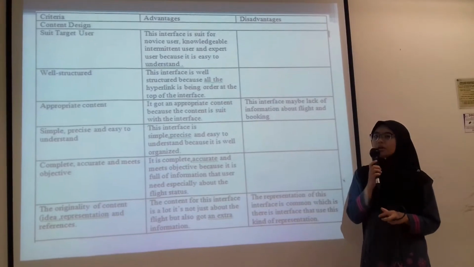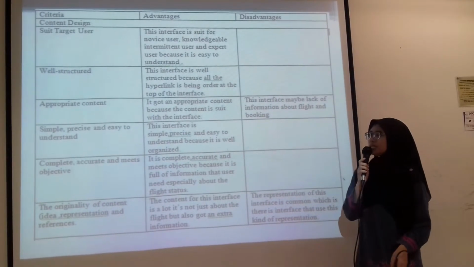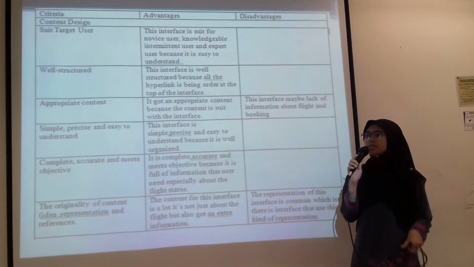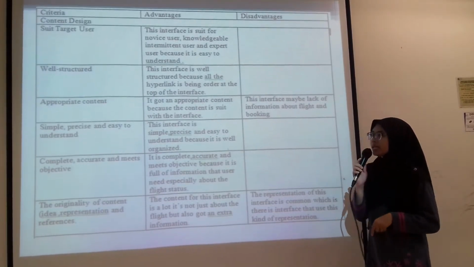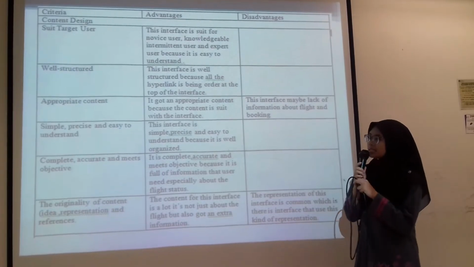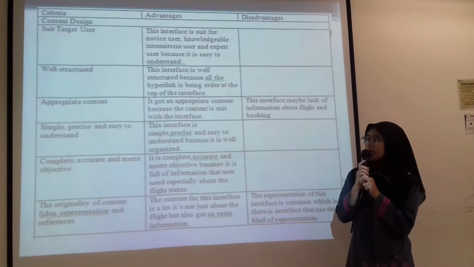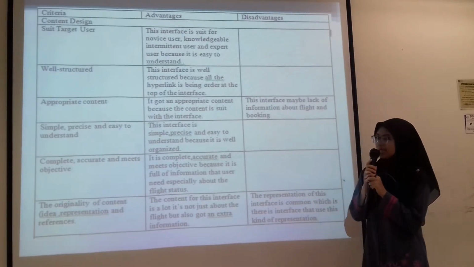After that, the content is appropriate because it is suited to the website, which is about the airplane, and it is simple, precise, and easy to understand. After that, it is complete, accurate, and meets the objective.